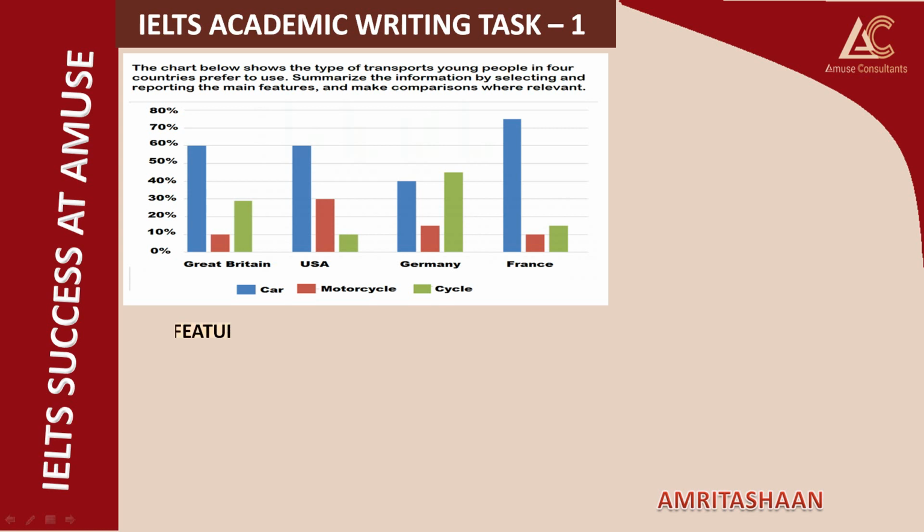Now we are coming to the first feature. For the first feature, I would like to advise you to go with the highest figure, and you can compare it with the lowest figure, or you can also go with some other figures that are similar. There is nothing hard and fast.